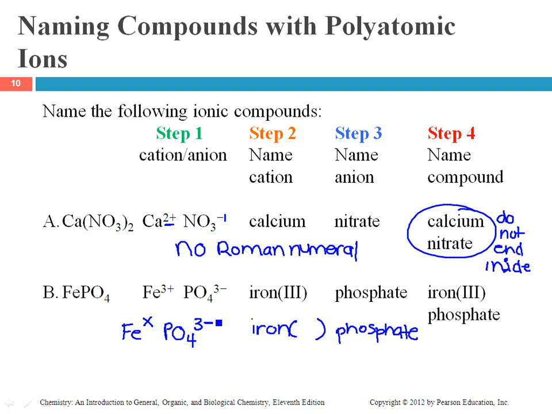When you're determining charge, you've got to write not just the formula, you've got to write the charge as well. So the 3 minus charge, and we have 1 phosphate, and this has to equal 0. We have 1 iron, so X is going to have to be +3. +3 minus 3 equals 0. This is where we get Roman numeral 3.